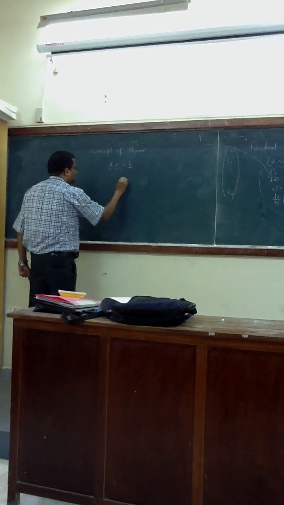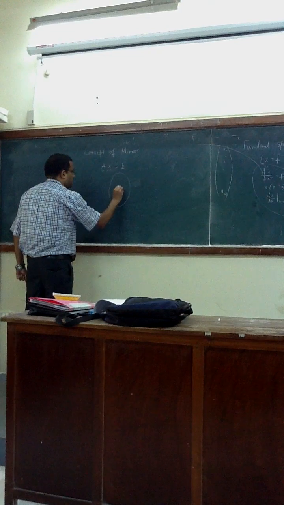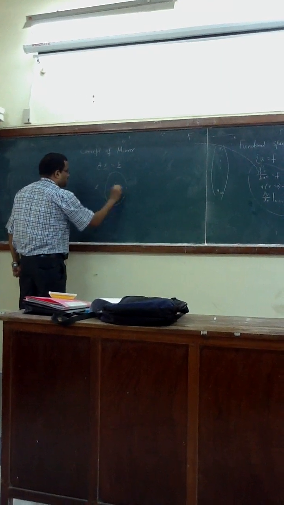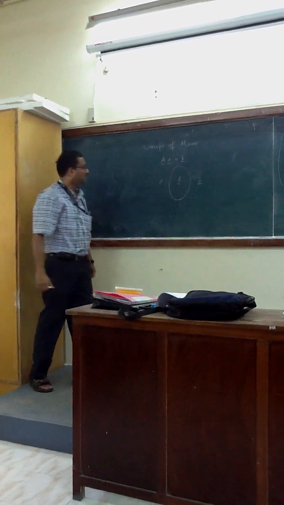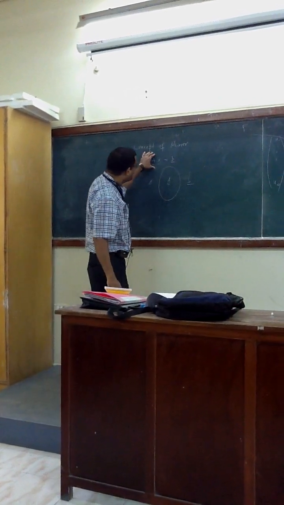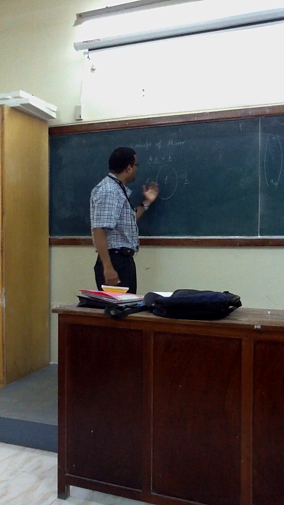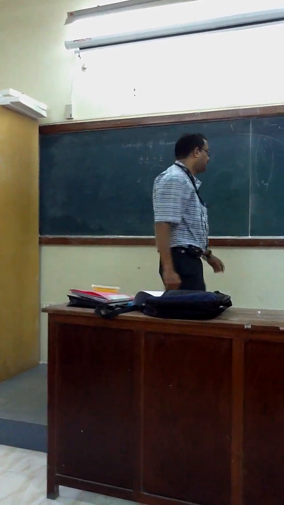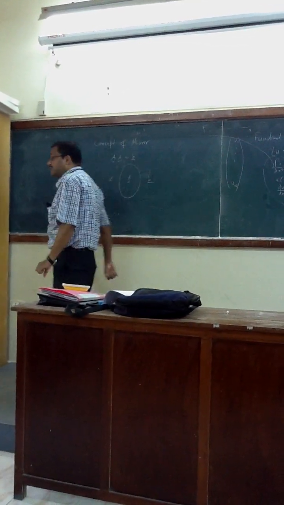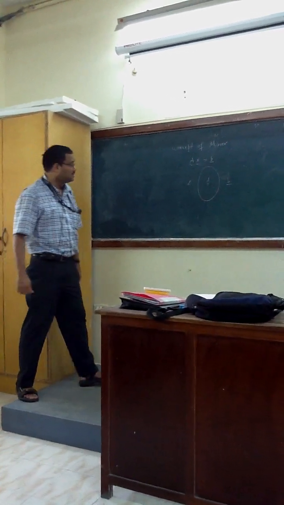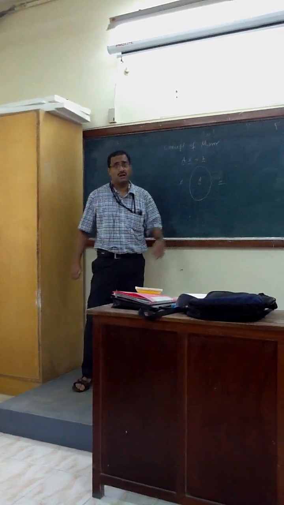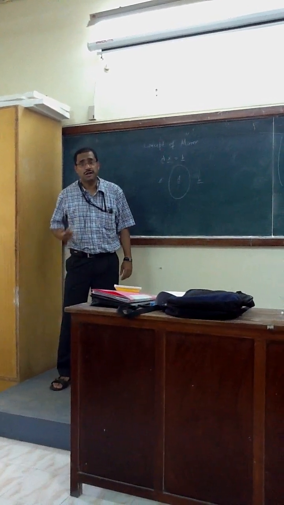What does it mean? A is a matrix which is a mirror, and x is being mapped to b. It could be a concave mirror or a convex mirror. When will it be a plane mirror, where you get the same image?